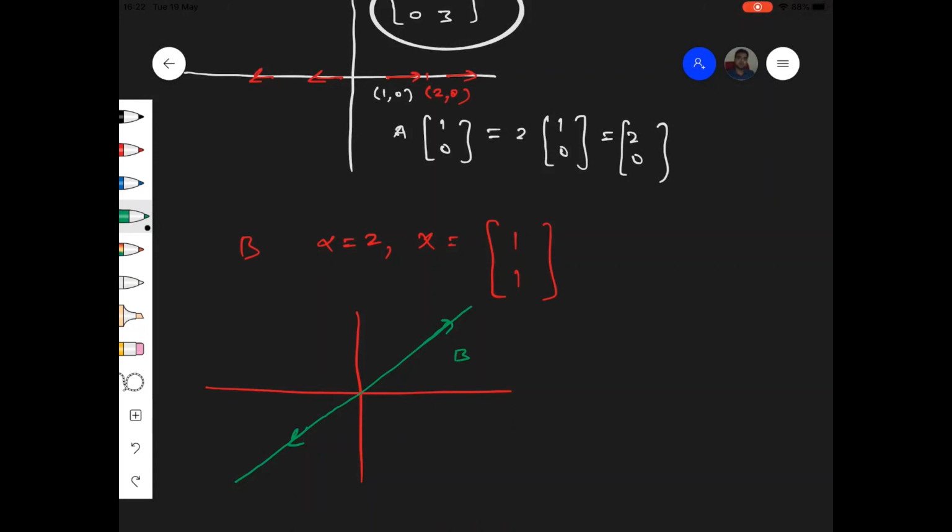Now we want to understand what these 2 and (1, 1) mean here. (1, 1) is an eigenvector, so any scalar multiple of (1, 1) is again an eigenvector. All possible scalar multiples of (1, 1) provide us the line y equals x. Whatever point you choose on this line and multiply with the matrix B, it is always going to map onto the same line.